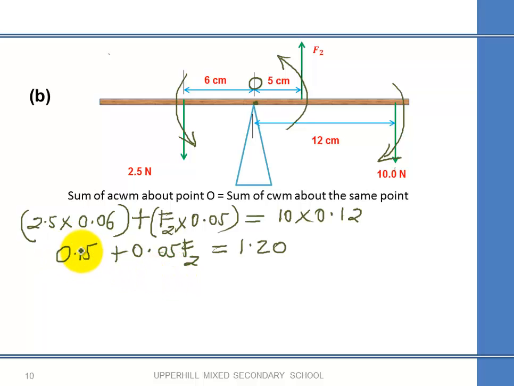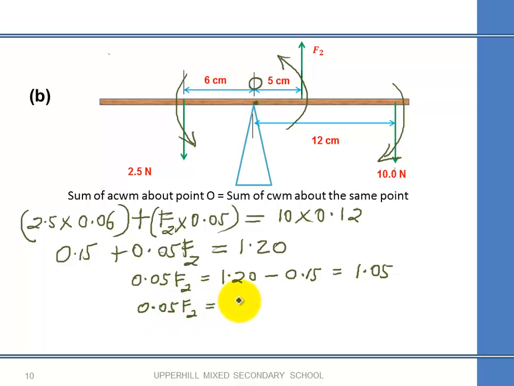We take 0.15 to the other side. We remain with 0.05 F2 is equal to 1.20 minus 0.15, which gives us 1.05. So we have 0.05 F2 is equal to 1.05.